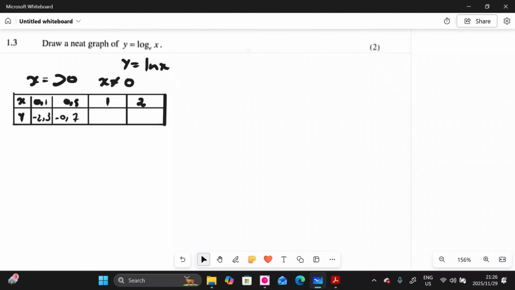Let's just make it 0.7. Now, when x is 1, our y is going to be 0. And when x is 2, our y is going to be 0.69. Let's just make it 0.7.